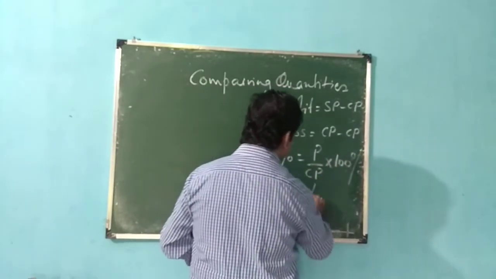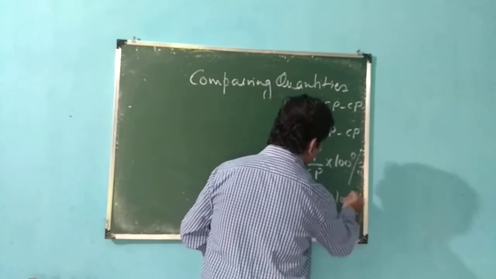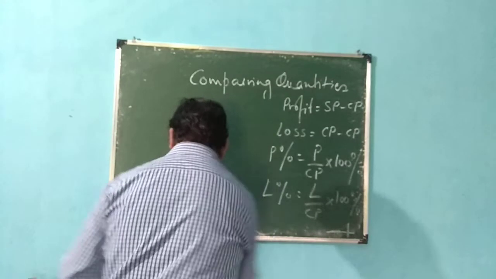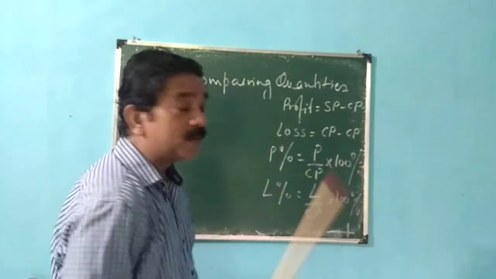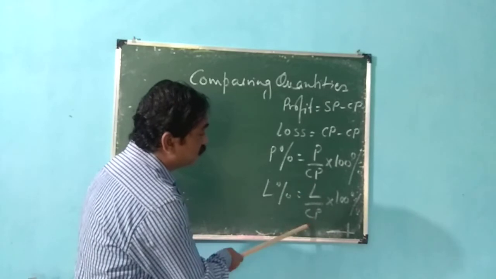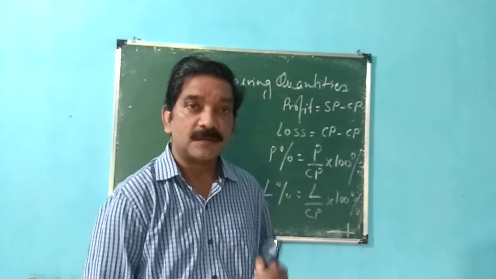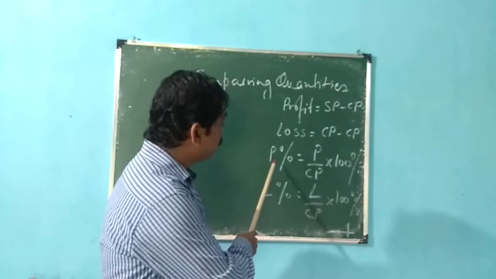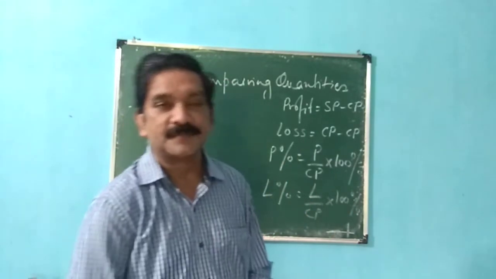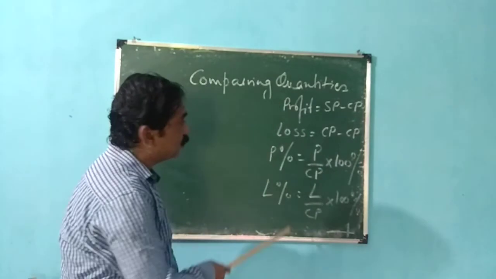Loss percent means loss by CP into 100%. Always remember one thing, profit percent and loss percent is always calculated on the cost price. If you know the cost price, you can find out the profit percent or the loss percent. Remember this. So these are the basic things that you should know.